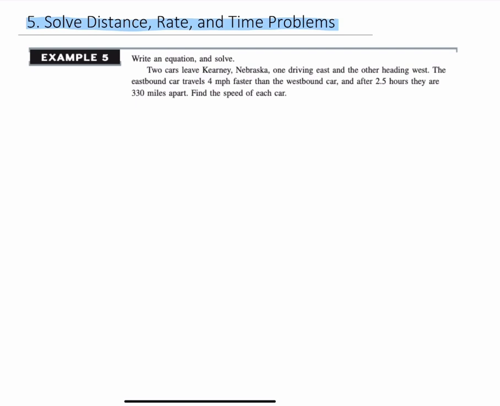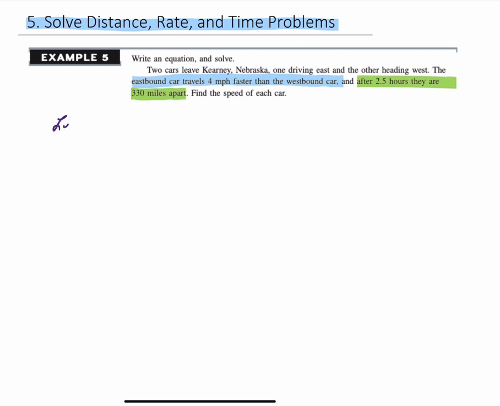The eastbound car travels 4 miles per hour faster than the westbound car. So I see some relation between them. And after 2.5 hours, they are 330 miles apart. There's like a total statement there. Find the speed of each car. So that tells me that x should be the speed of one car, y should be the speed of the other car. So let me state that.